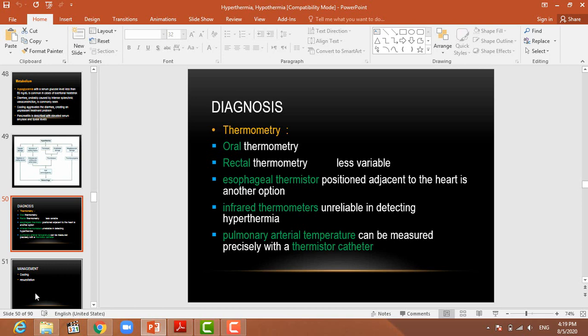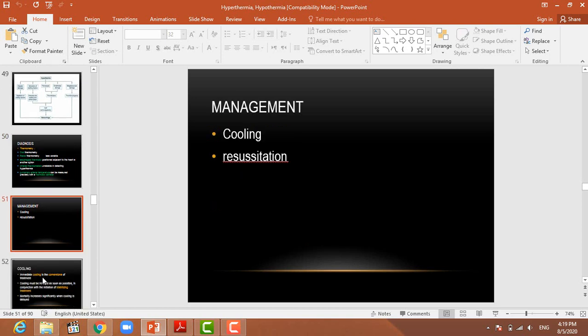There are different thermometer types, such as infrared and pulmonary artery. But basically, when you find a raised temperature orally or rectally, you can easily diagnose heat stroke, because the patient is usually confused and having fits. You have to manage it just by cooling and by replacement of fluid and electrolyte balance.